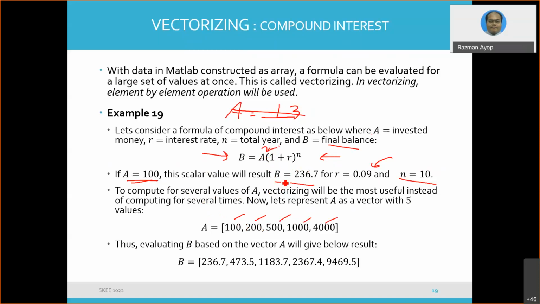So you can use vectorization, and automatically you will get all of this. Basically, all of this is constant, and this one is multiple values. So automatically B will get multiple values. That is what is meant by vectorization.